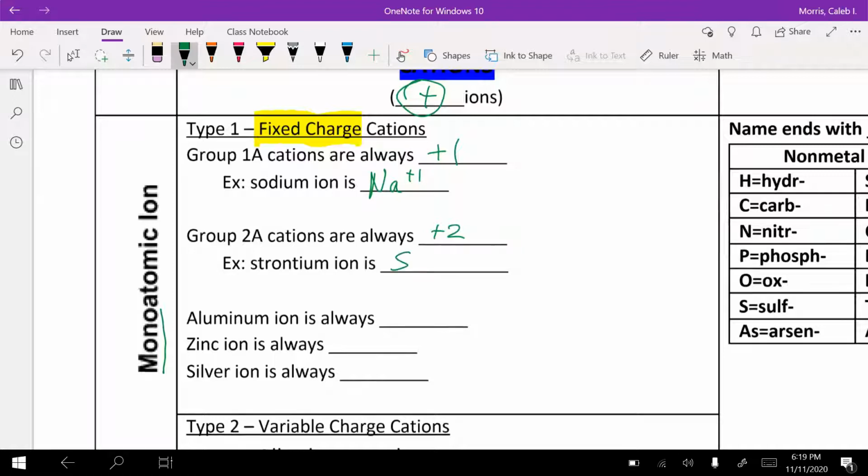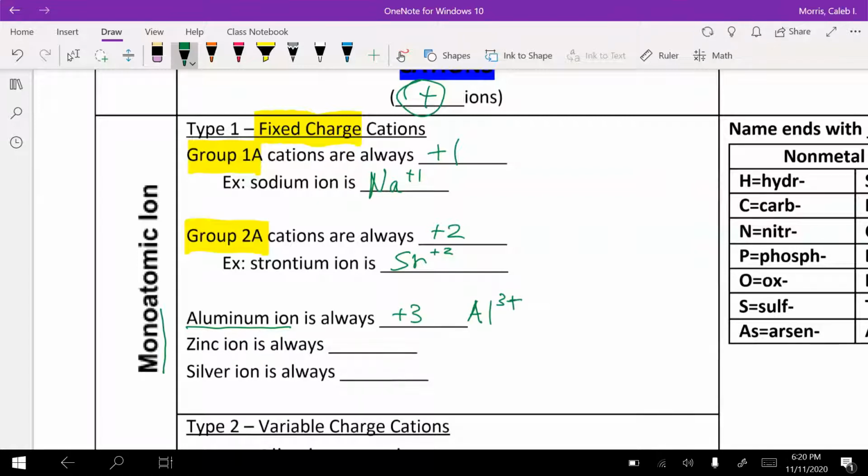Strontium ion, Sr, has a +2 charge because it's in group 2. Remember, the groups are the vertical columns. So those are the two groups, okay? Group 1A, Group 2A. We've got a few others that we need to memorize. Aluminum ion is always positive 3, so it's always going to be Al3+.